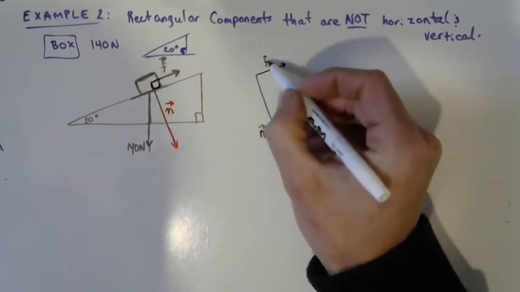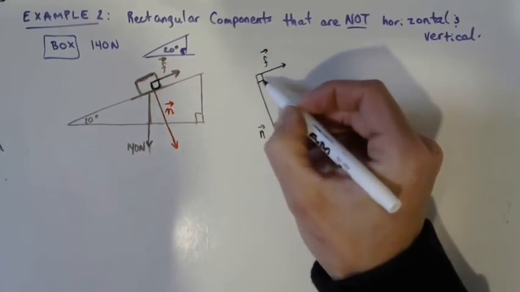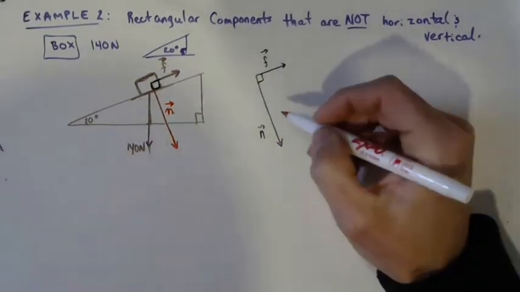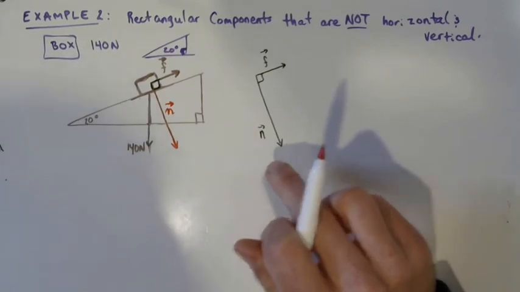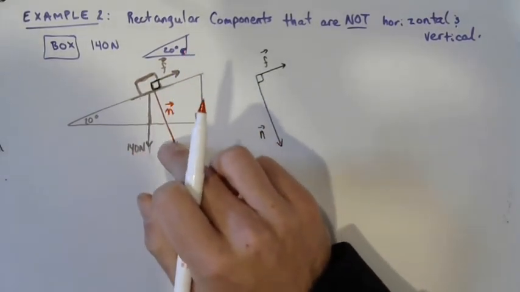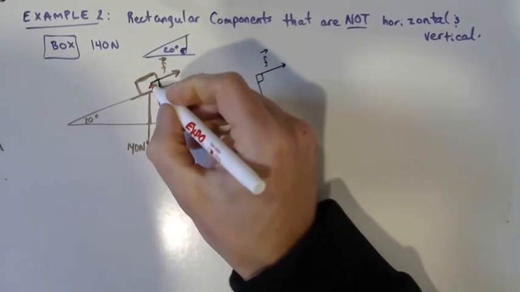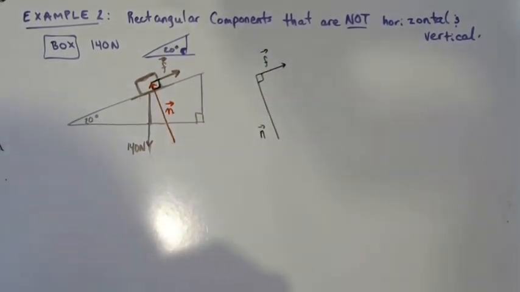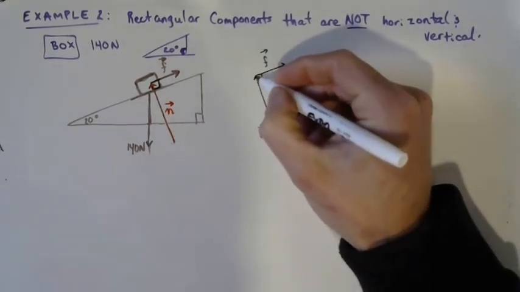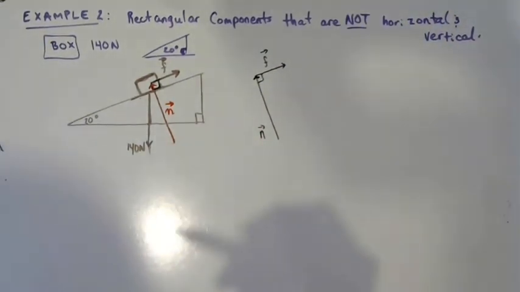There's vector f. They meet at a right angle. And I drew this vector wrong again. It's pulling down. The ramp is holding it up, right? The ramp is holding it up. So just quick erase those. Yeah, I got to think through every piece, make sure what you're doing makes sense.